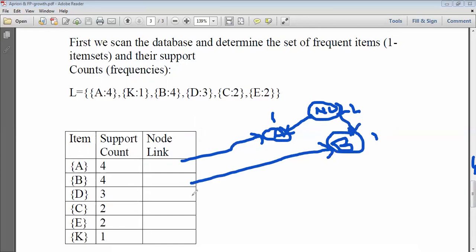Next transaction, D. So D only you have to consider here.